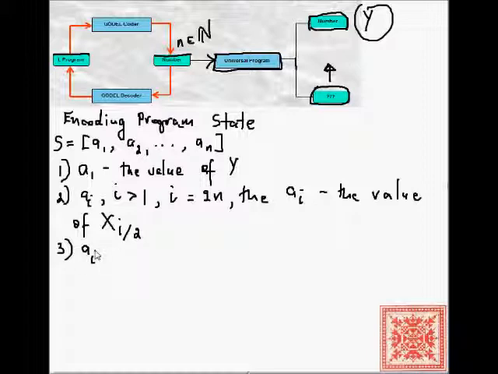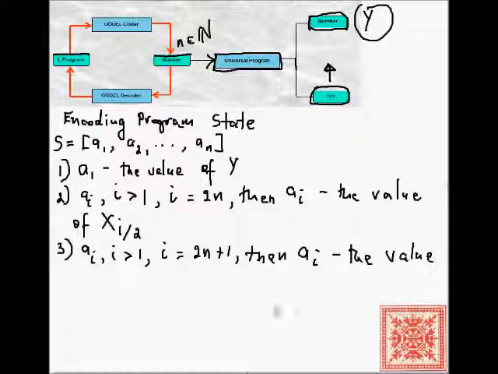And then for A sub i, such that i is greater than 1 and i is odd, i equals 2n plus 1, then A sub i encodes the value of an internal variable z, specifically z sub (i minus 1) divided by 2.